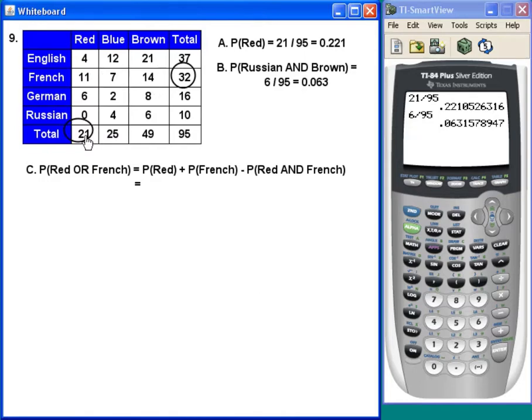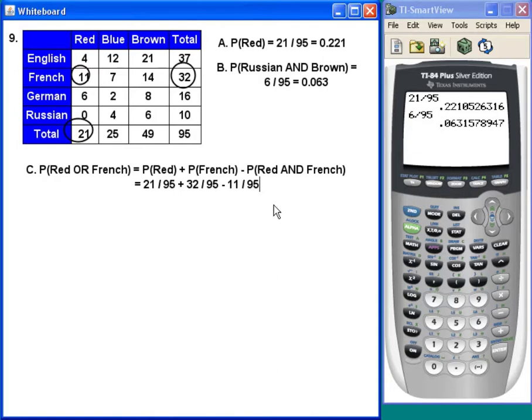In order to get 21, we add up 4 plus 11 plus 6 plus 0. So this 11 gets counted 2 times. So we're doing 21 over 95 plus 32 over 95 minus 11 over 95. So that 11 that gets counted twice, we just take it out of the total one time.